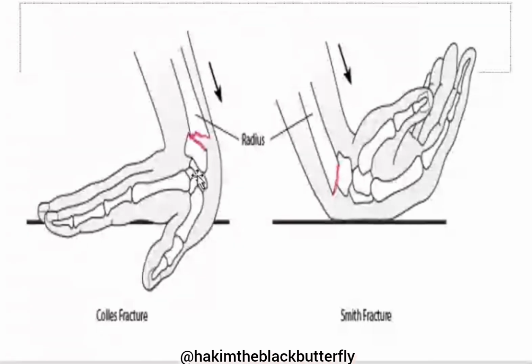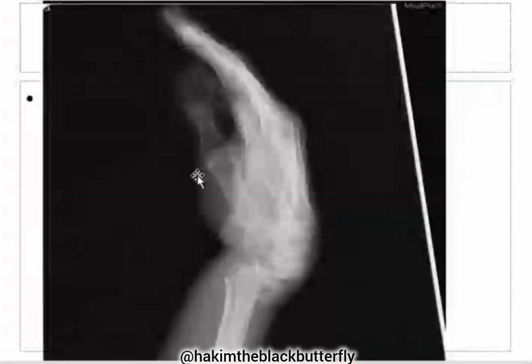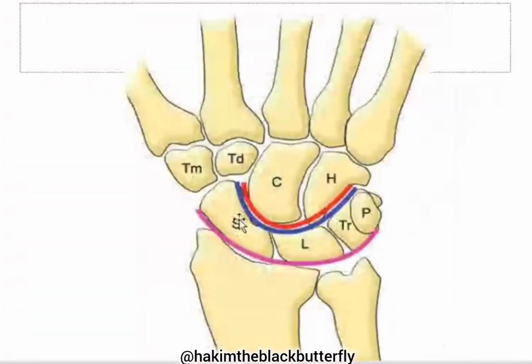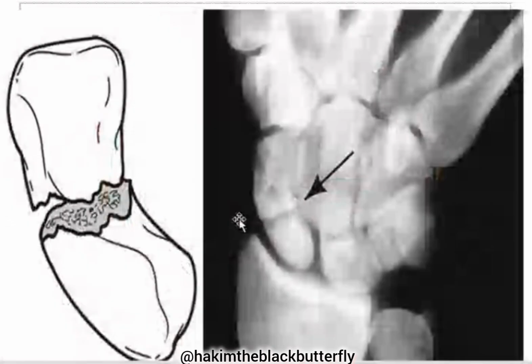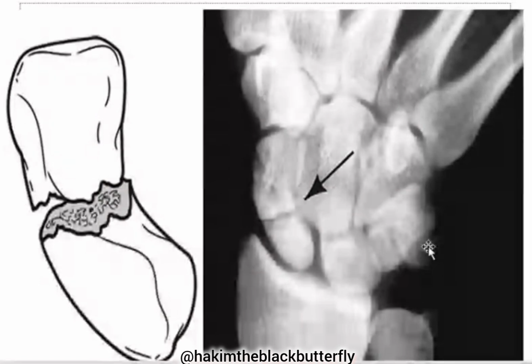Now, why should we worry about the fracture of the scaphoid bone? For example, when you look at an X-ray, you're going to see that this is the scaphoid bone, this is the trapezium. This is the pisiform medially, this is the hamate. It is even hooked. So you can see the scaphoid bone has been fractured.